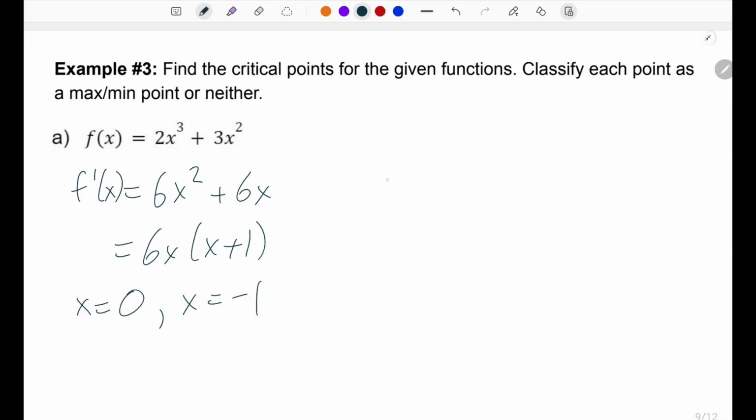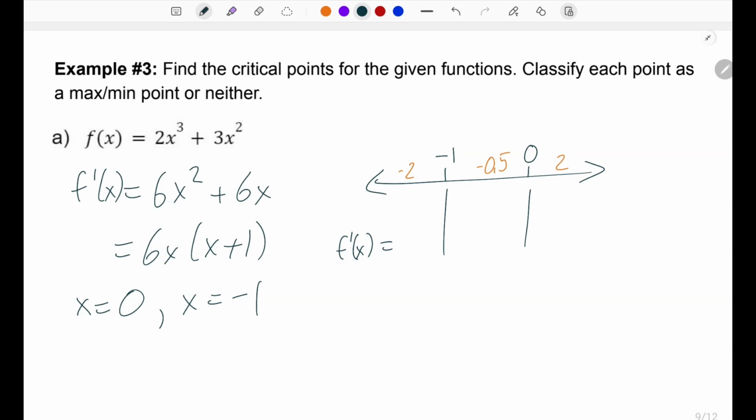So what I'll do is set up a number line, -1 and 0. Again, I'm just putting some random numbers in here that are in these intervals. Doesn't really matter what specific numbers you use, because all we're looking at are the signs. We're looking at not the second derivative, the first derivative.